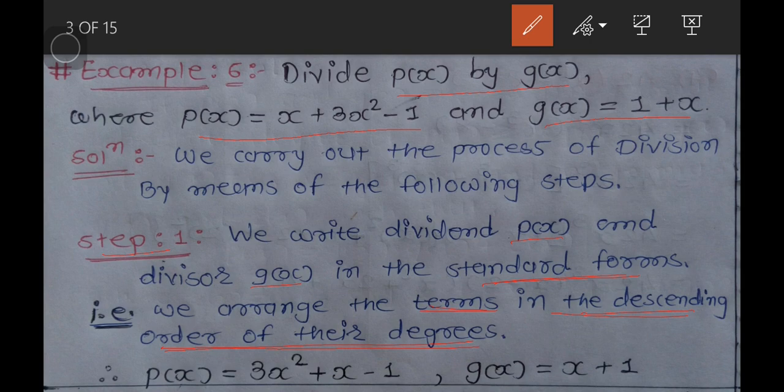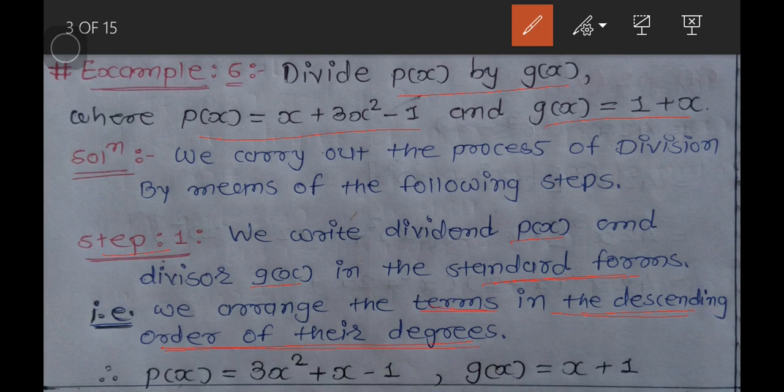So our p of x, we first write the higher power term, that here we can see 3x square has the highest power. After then we arrange the terms in descending order, then we put here x and at last the constant minus 1.